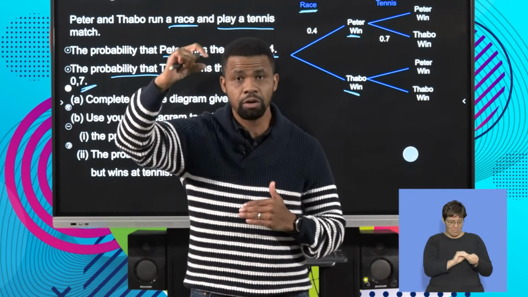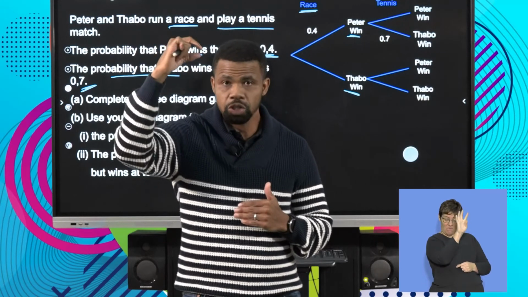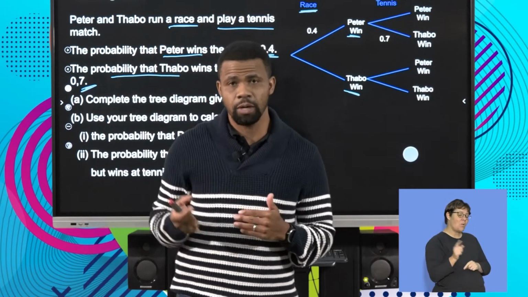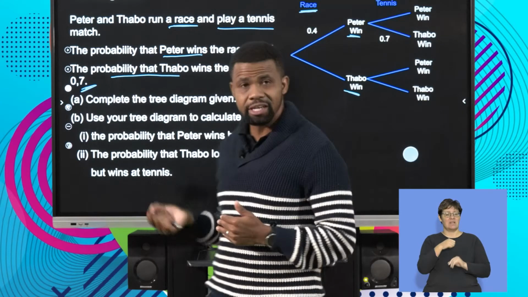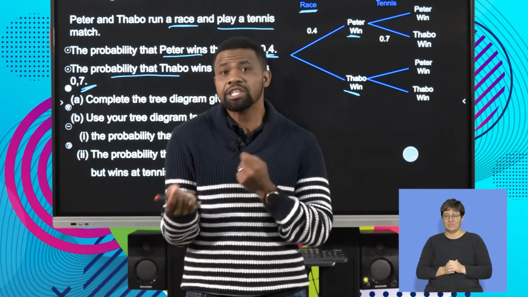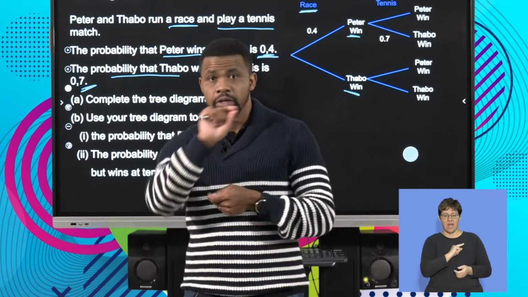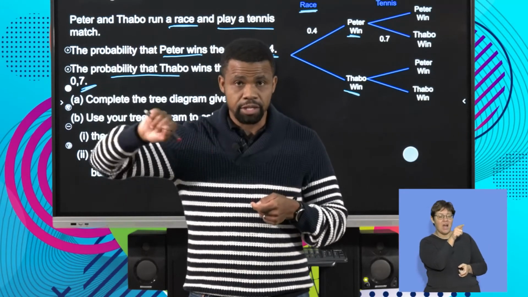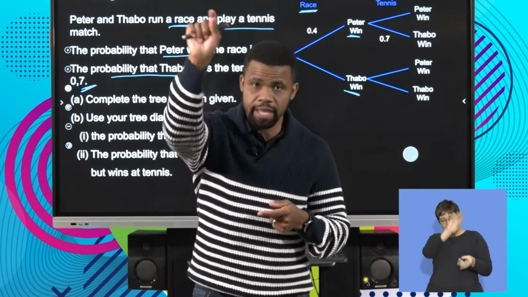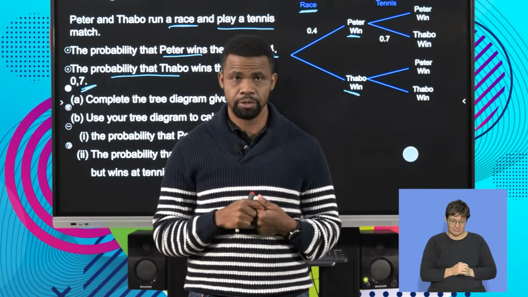So 0.4 plus what to give us 1? That will be 0.6. So we can actually calculate the probability of an unknown branch on a tree diagram using the other, because we know that they add up to 1. Are you all together? Great.